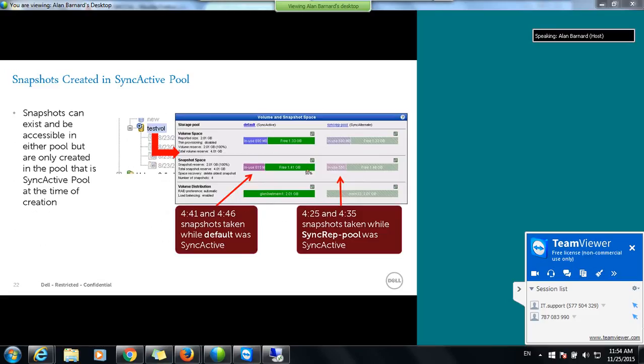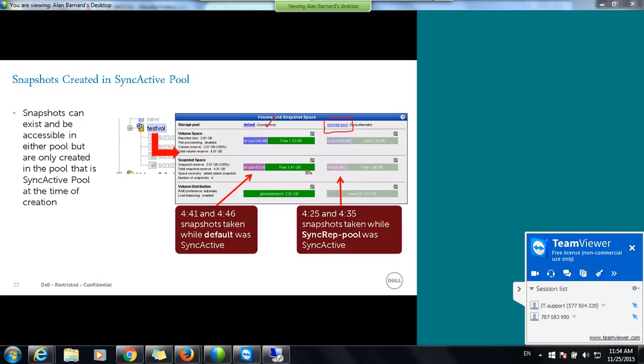Okay, so we have an example in here. We have a volume called test volume. At 425, this sync wrap pool is the actual sync active. Then you take two snapshots, 425 and 435.